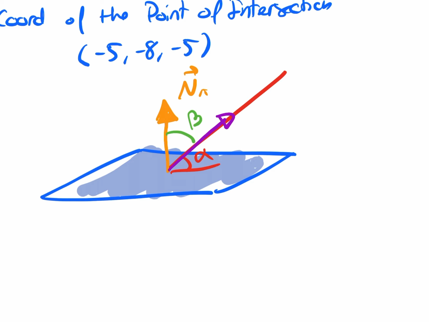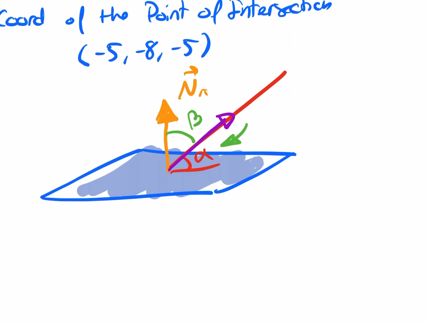Of course, when we do this, we will find beta and not alpha, because we're finding the angle between the line and the normal to the plane, and we want the line to the plane. So once we've got beta, we need to do 90 minus beta to get the value of alpha. The two angles have a difference of 90 degrees.